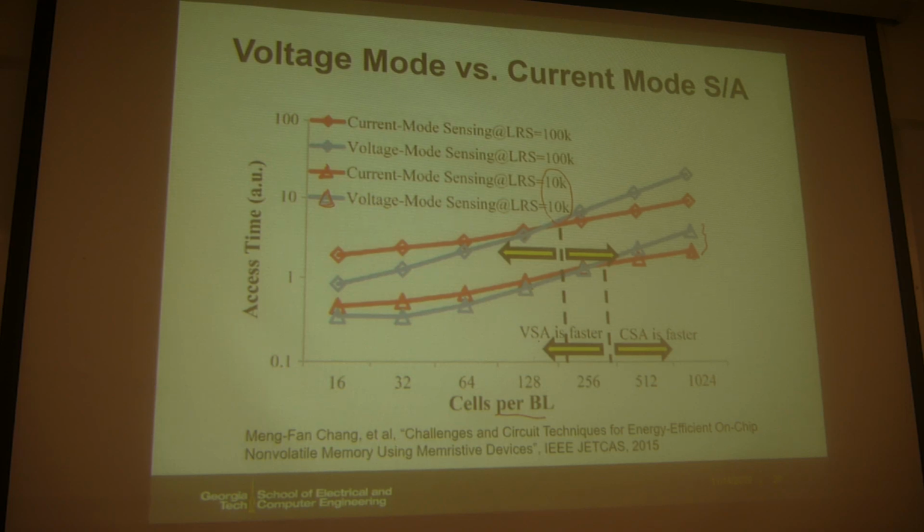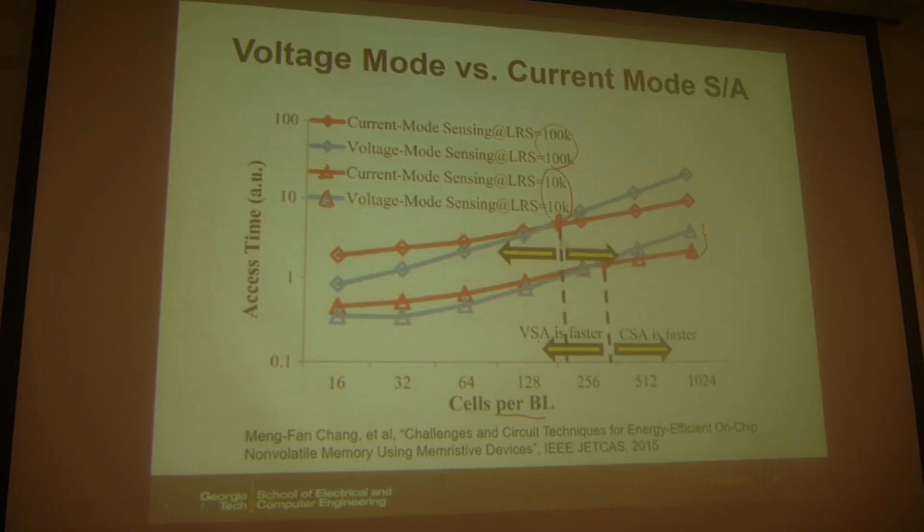That means faster. So you see current mode CSA is faster for this large array. But voltage mode may be faster for small array. And then if you increase the resistance to 100 kilo ohm, then the turning point will shift from here to here.